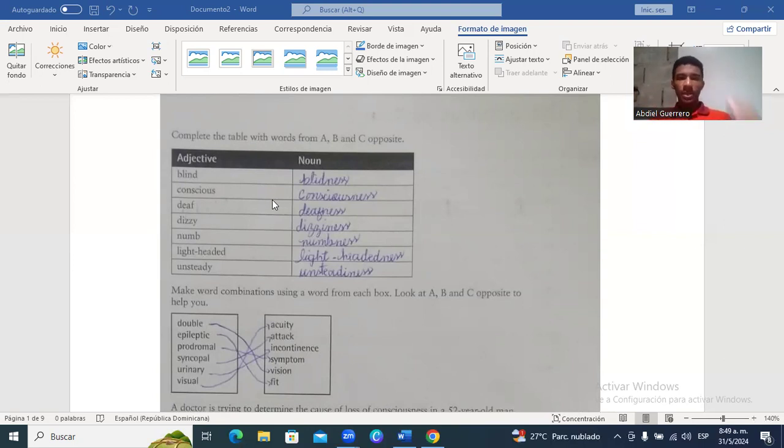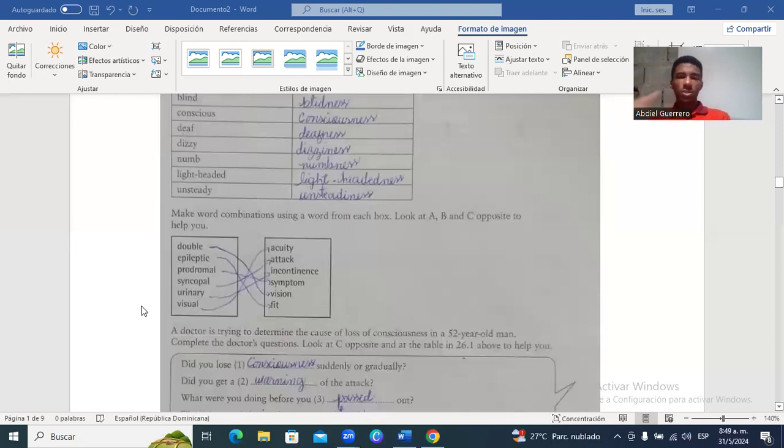Noun, adjective. Blind, blindness. Conscious, consciousness. Deaf, deafness. Dizzy, dizziness. Numb, numbness. Lightheaded, lightheadedness. Unsteady, unsteadiness.